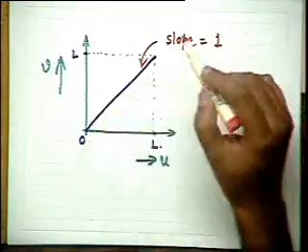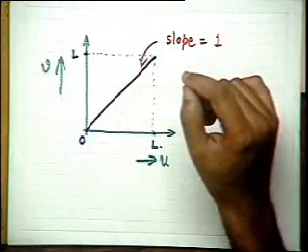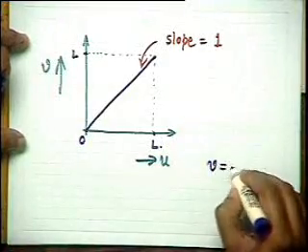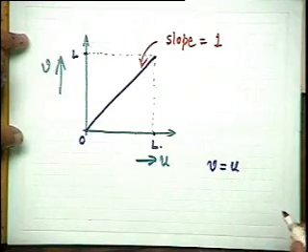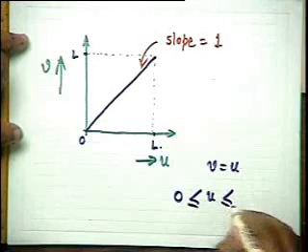If I take a transfer function like this, what do I get really? The intensities don't change from input to output. So whatever is the input image, the processed image, or the output image, is going to be the same as the input image. So by taking a transfer function like this, I can mathematically define it as V equal to U for U lying in the range of 0 to capital L.